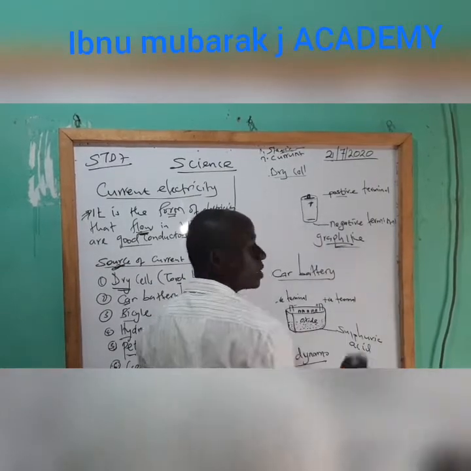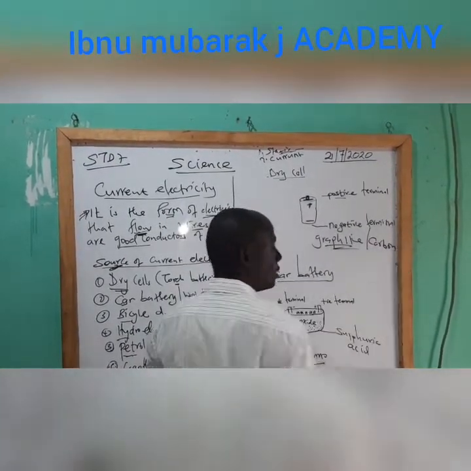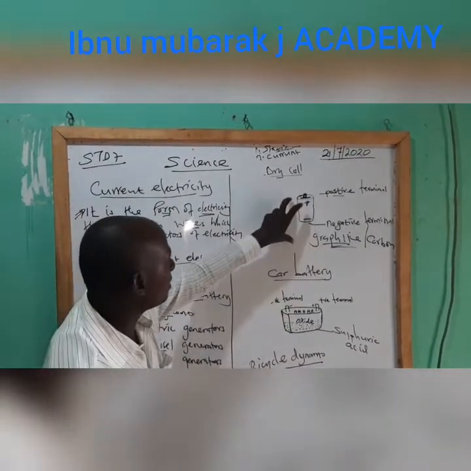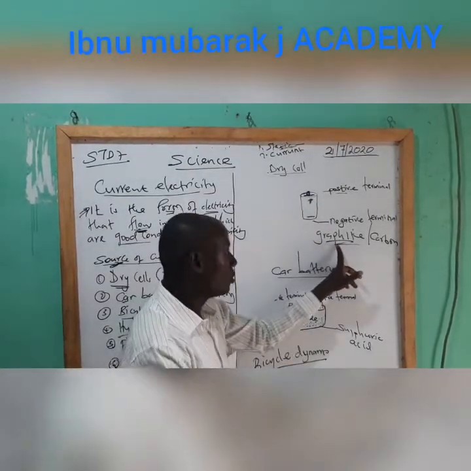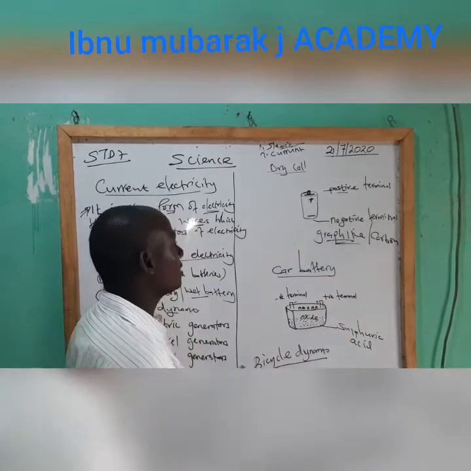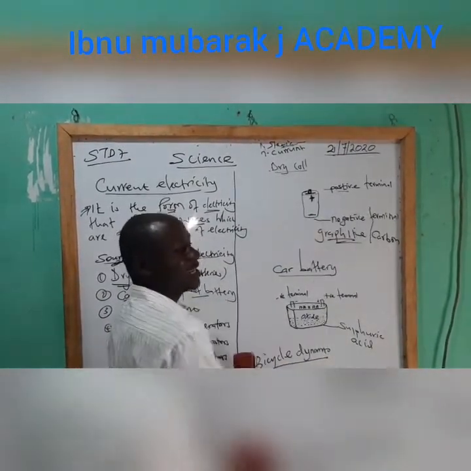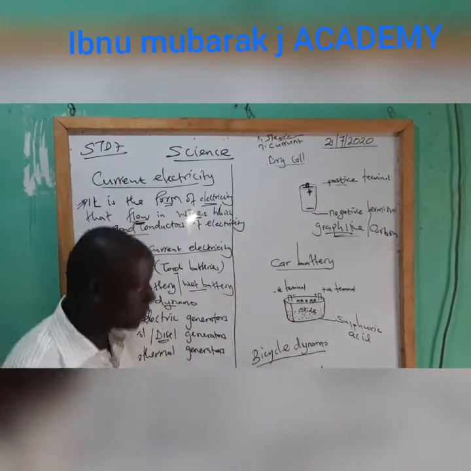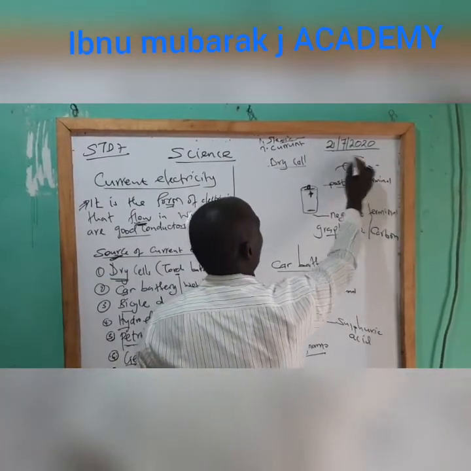Graphite is a good conductor of electricity. Sometimes we can get carbon. These are good conductors of electricity. So this dry cell is made up of chemicals. At the center of it all, there is a graphite. That graphite is the one which is joining the positive terminal and the negative terminal. And it is used to produce a small amount of electricity, especially in a torch.